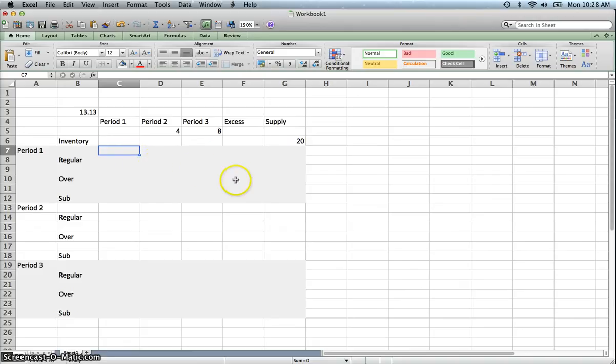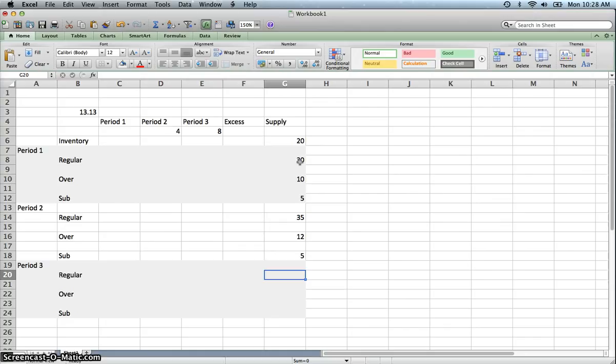They tell us that we have available to us, we can produce 30 units using regular labor in period one. Overtime, we can do 10 units, and the subcontractor will do 5 units. In period two, they tell us we actually can produce more, 35 units, overtime 12 units, and the subcontractor still can do just 5 for us.